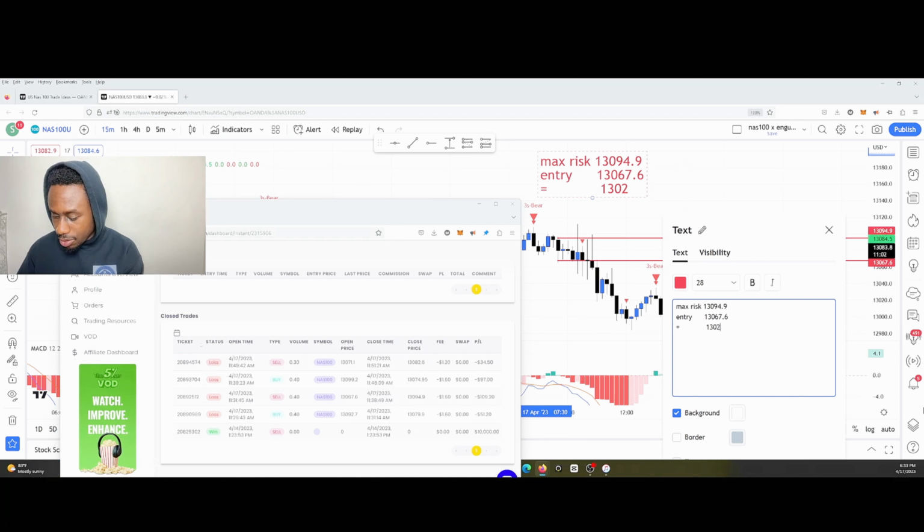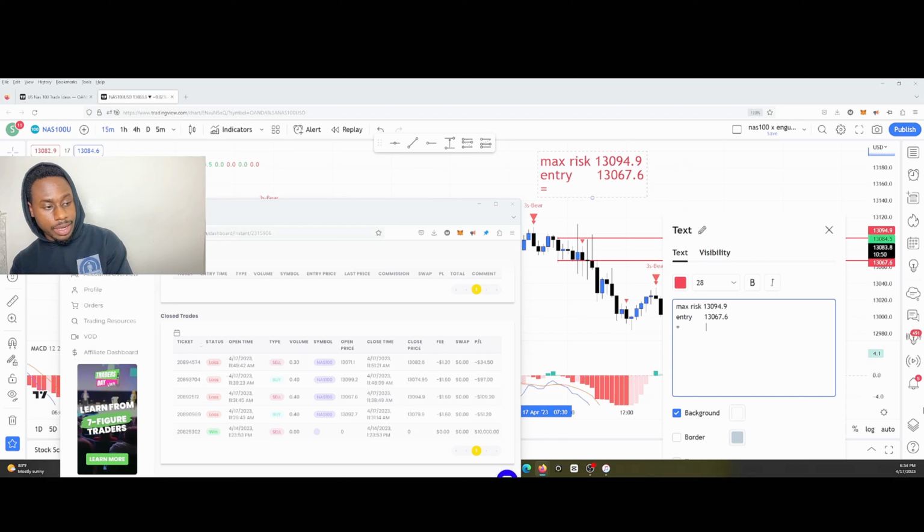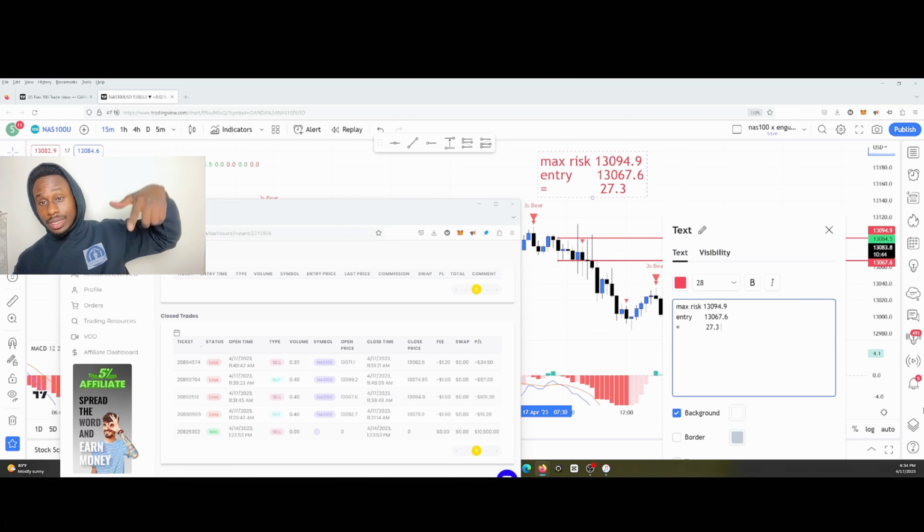A bit of cognitive decline there, or just too much AI, huh? So this puts it at 27.3, right? And that would be the pips that it moves.